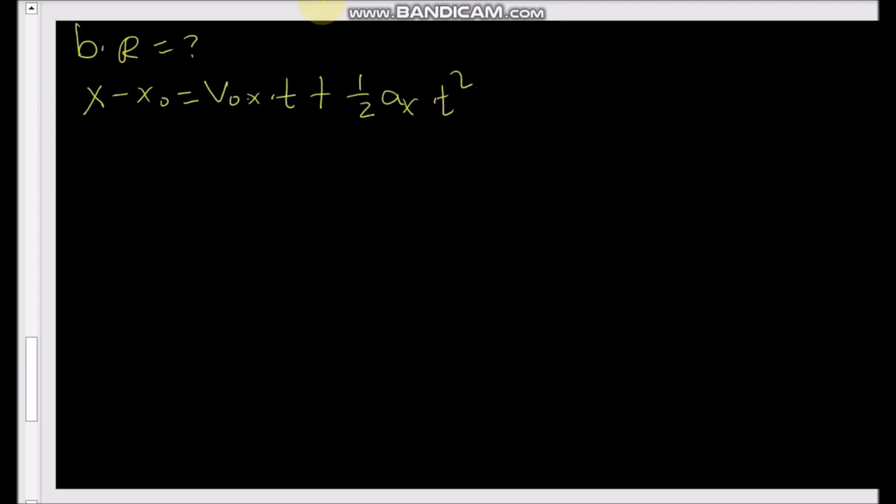Now you know that for projectile motion, the velocity across the x is constant. This implies the acceleration across the horizontal is 0.